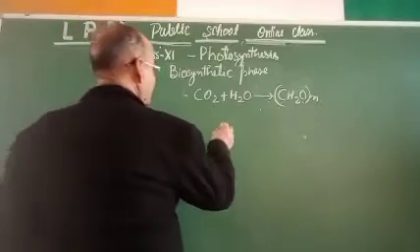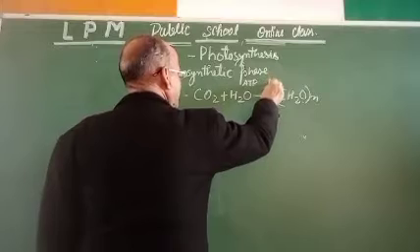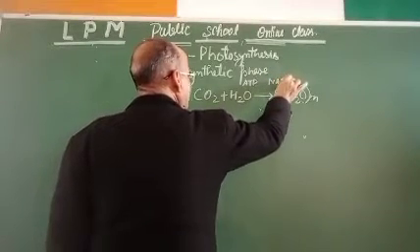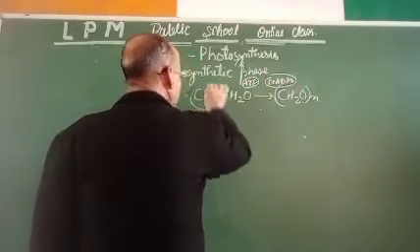So in the Calvin cycle, these ATP, NADPH and CO2 get utilized.